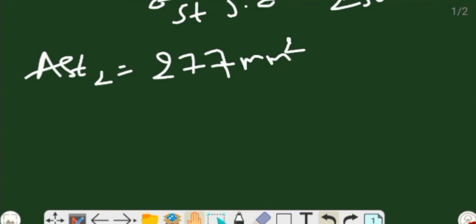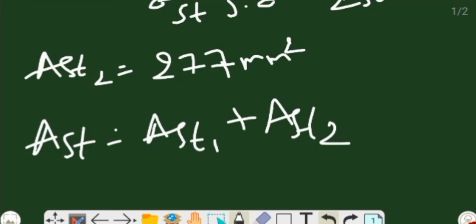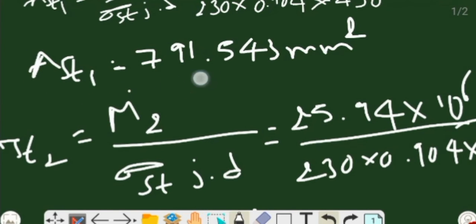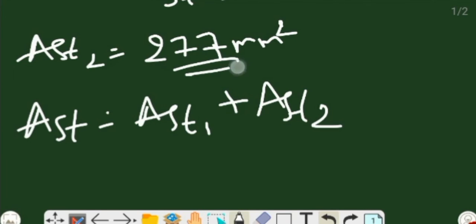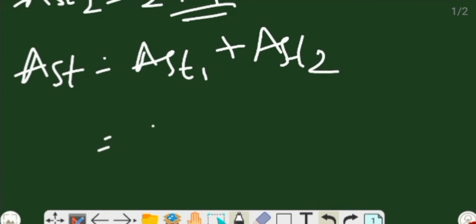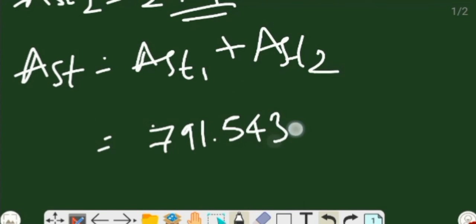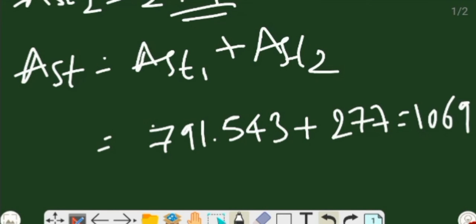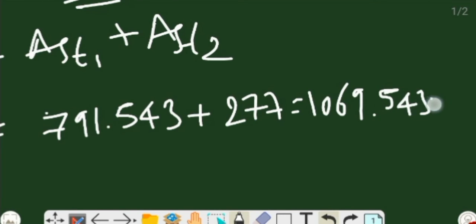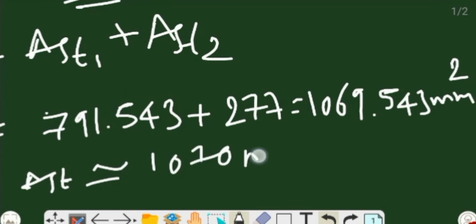Now total tension reinforcement equal to AST1 plus AST2. AST1 equal to 791.543 plus AST2 equal to 277. We get AST equal to 1069.543 mm square. So it is written as 1070 mm square also.